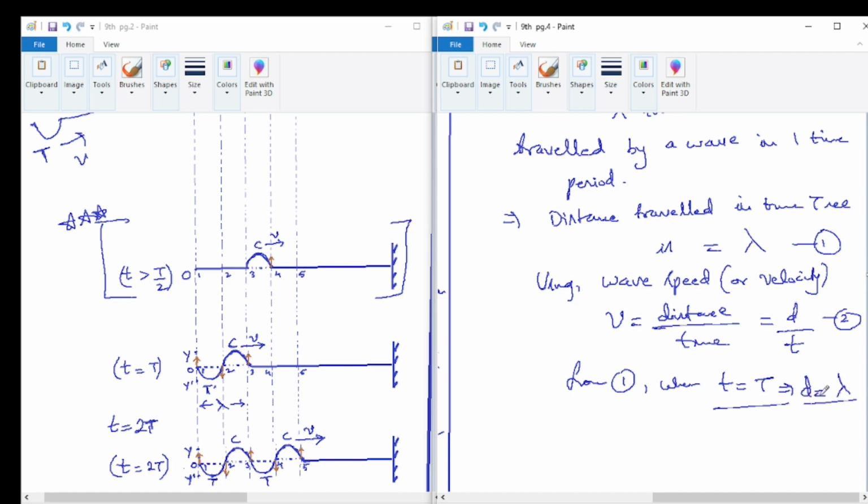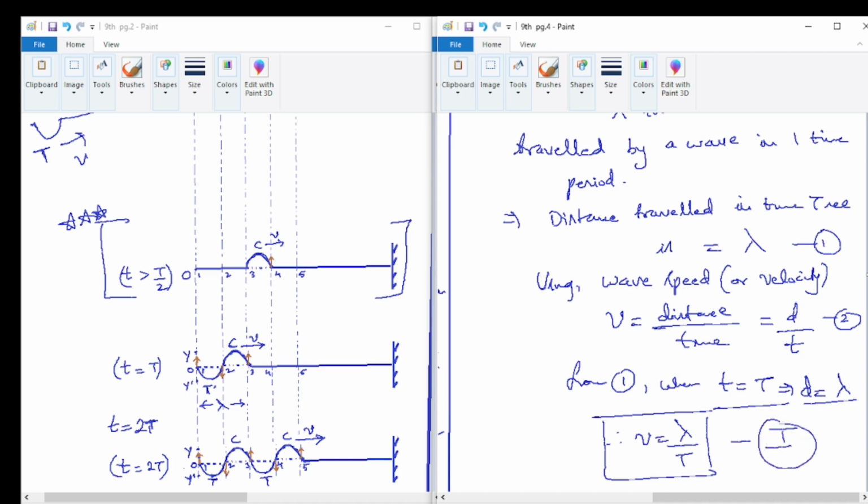Exactly equal to wavelength. Substituting these two, any time interval and corresponding distance, divide the two, we get the speed of the wave. So in this particular time interval equal to time period, the distance traveled is exactly equal to wavelength. So substituting these here, we can get the velocity. Therefore, what is the velocity now? Simply in place of d, it's lambda, so lambda by t. This is called the first result of the derivation.